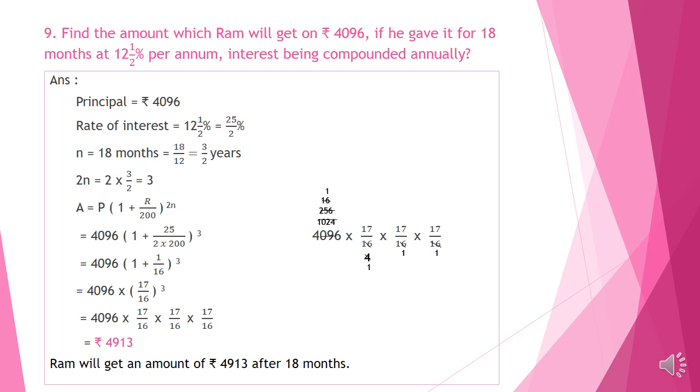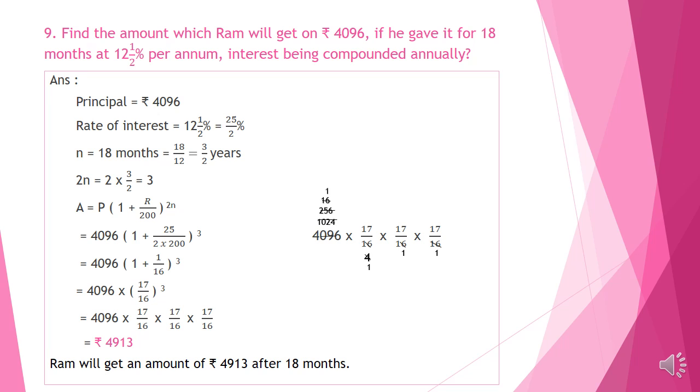Question number 9. Find the amount which Ram will get on rupees 4,096 if he gave it for 18 months at 12.5% per annum, interest being compounded annually. Children, here we have to find the amount Ram gets after 18 months, and the compound interest is found using half yearly basis.